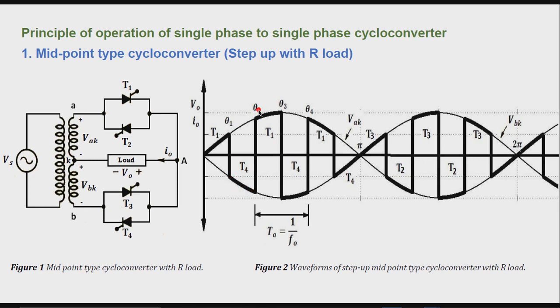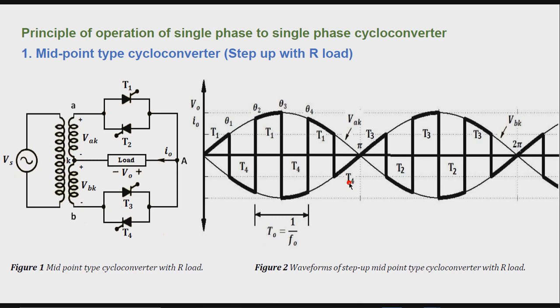Now at omega t equal to theta 2, thyristor T4 is force commutated, again thyristor T1 is triggered, and now the load voltage becomes positive and follows the positive envelope of the supply voltage. Again thyristor T1 is commutated and thyristor T4 is triggered, and so on for the positive half cycle: first T1, T4, then T1, then T4.